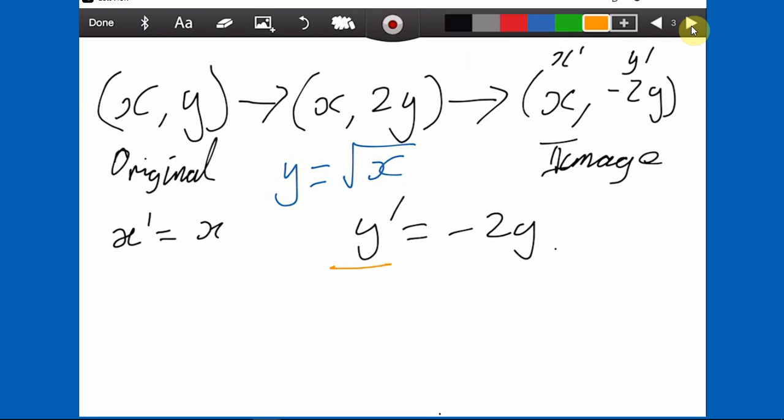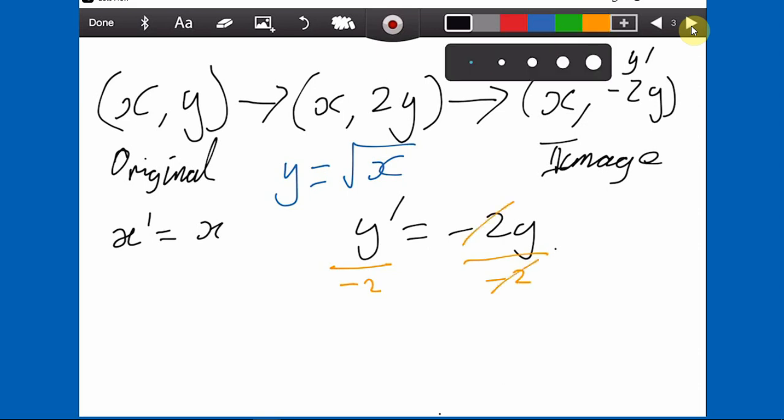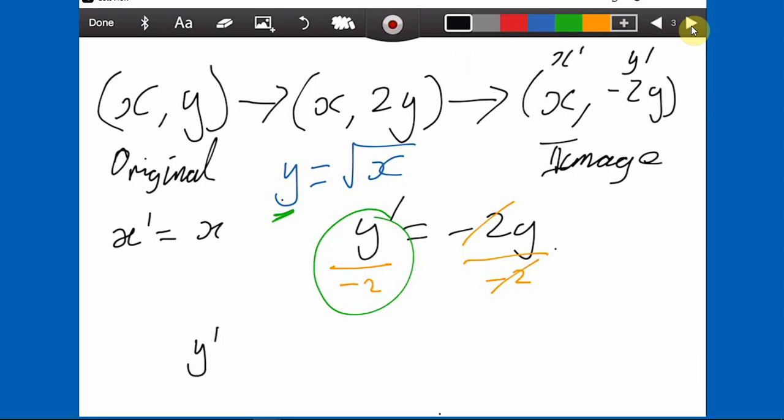We need to divide by negative 2 over here for this one, and they cancel. So we're replacing the y by y dashed over negative 2, and we're replacing the x by x dashed.